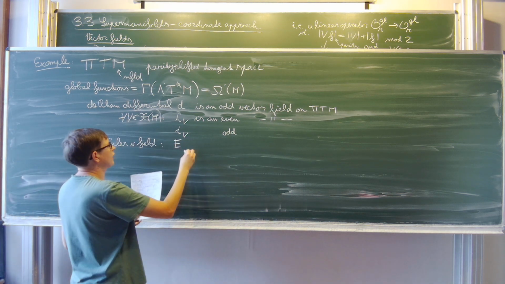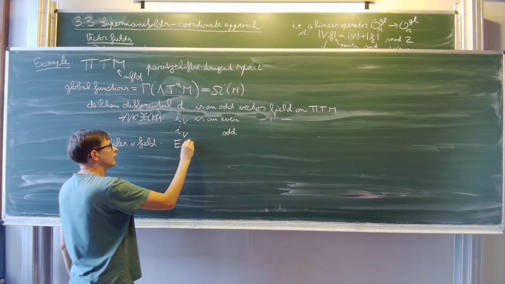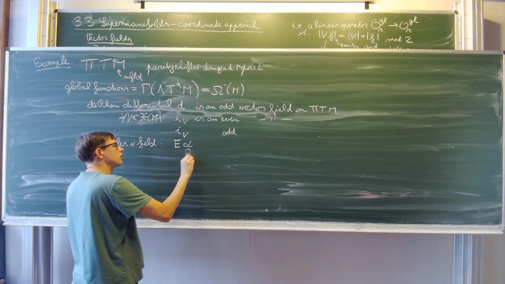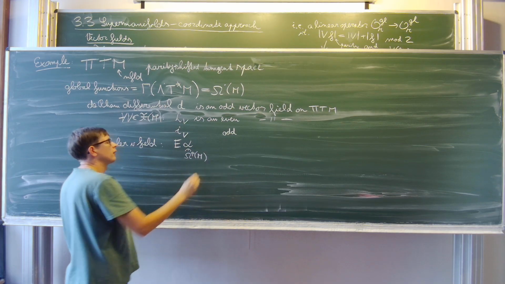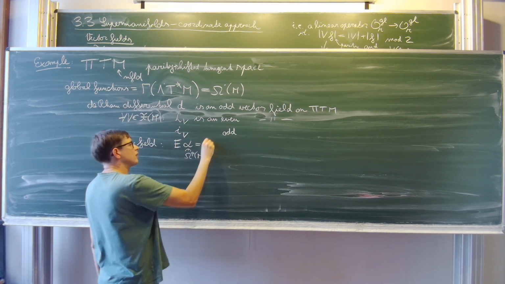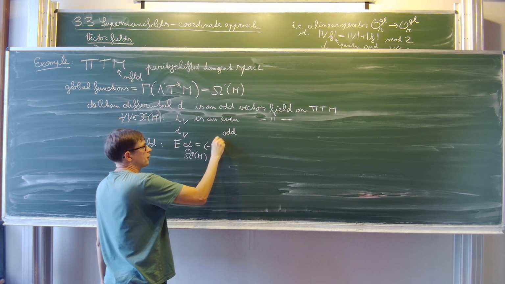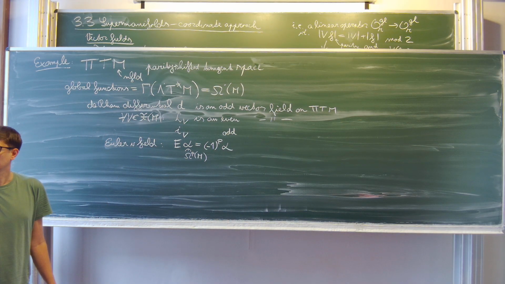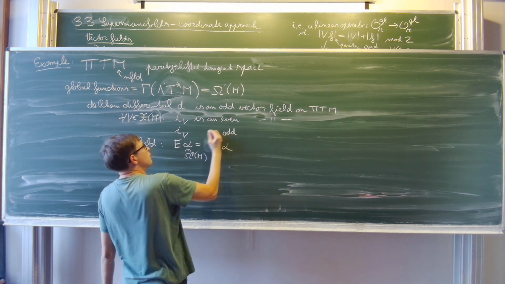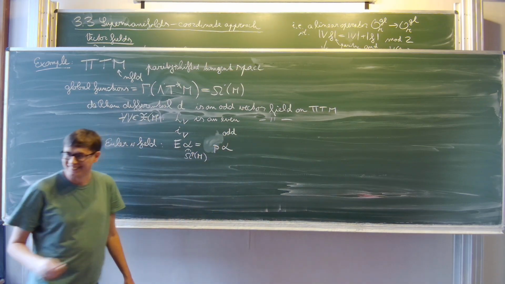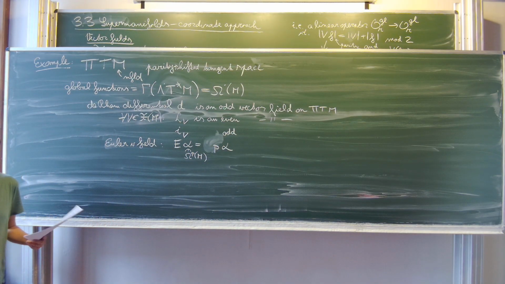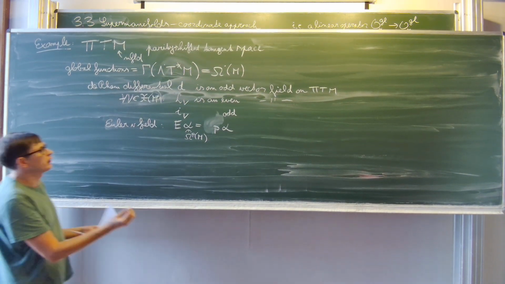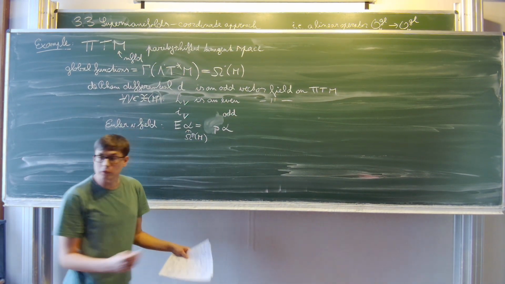So this is a vector field that when you act on a form, which I now should give a name, let's say omega, let's say this is a p-form, then it returns p times omega. And this is a vector field because it satisfies the Leibniz rule. So is it even or is it odd?